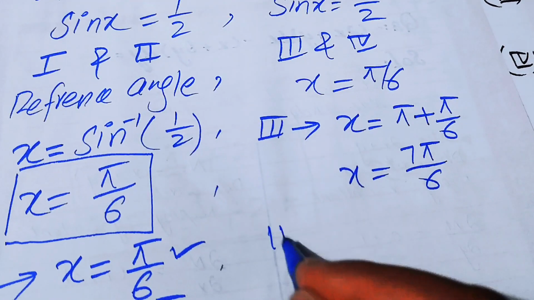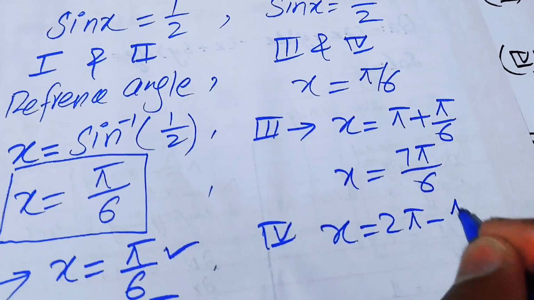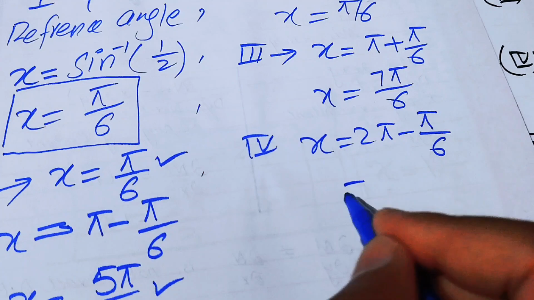And similarly the angle in the fourth quadrant is 2 pi minus pi by 6, and you get 11 pi by 6.